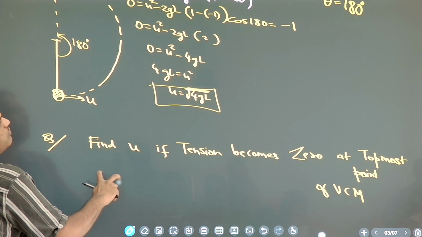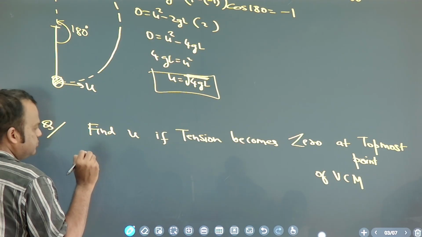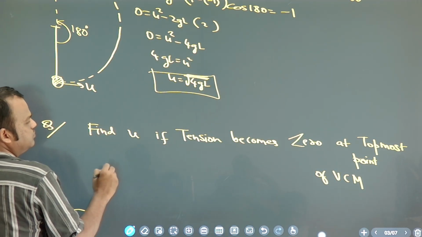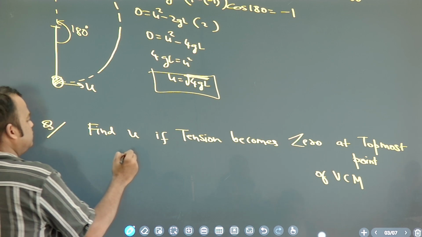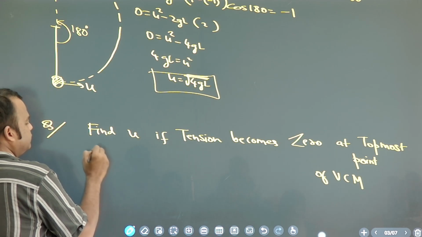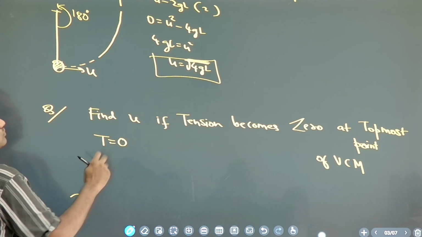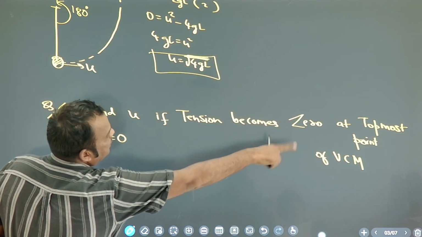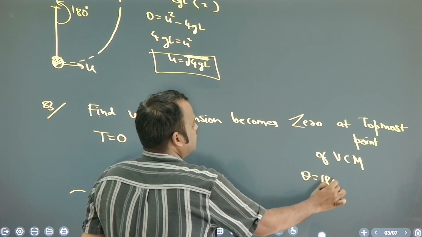So what is the formula for tension? mg cos theta plus mv square by r. Good. So what is cos theta? Minus v square by rg. Good. So tension is 0. Highest point, what is angle? 180 degree.